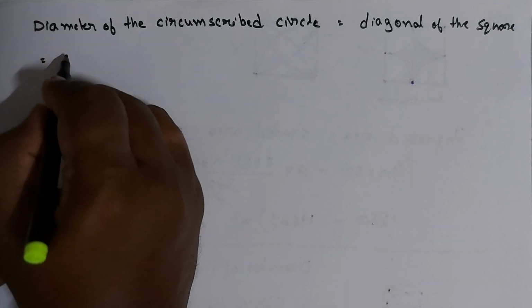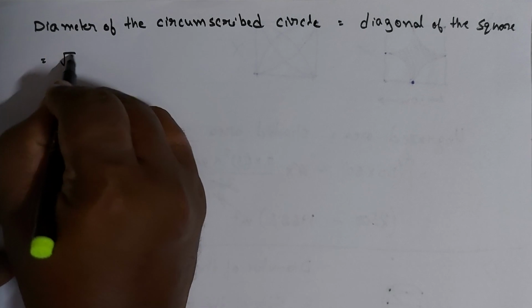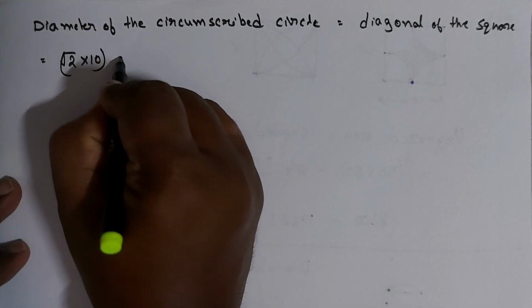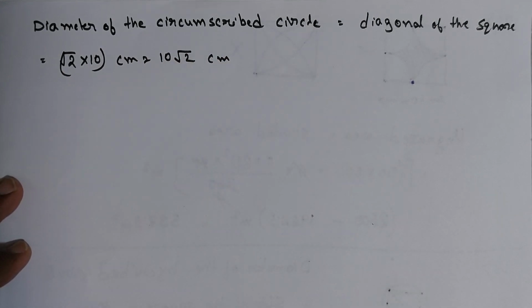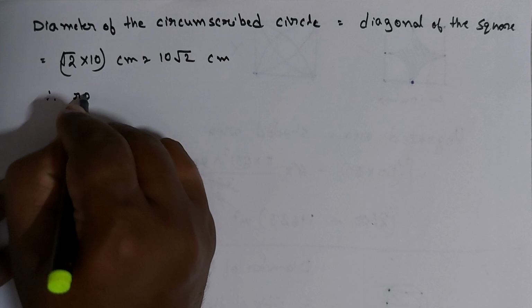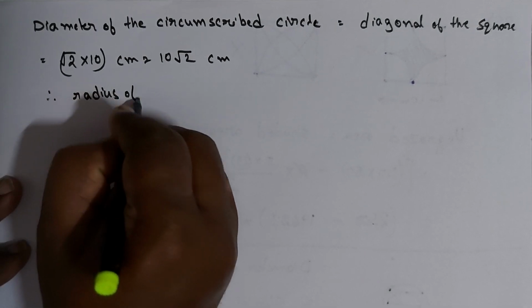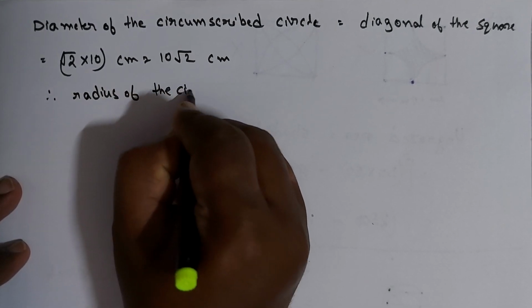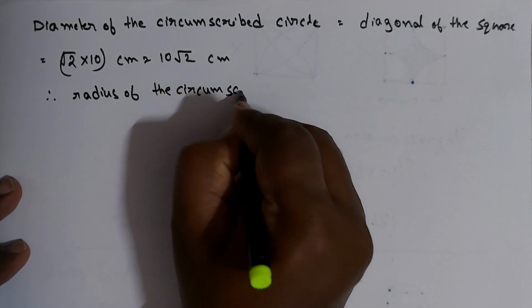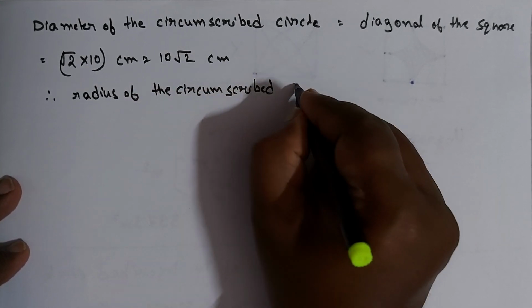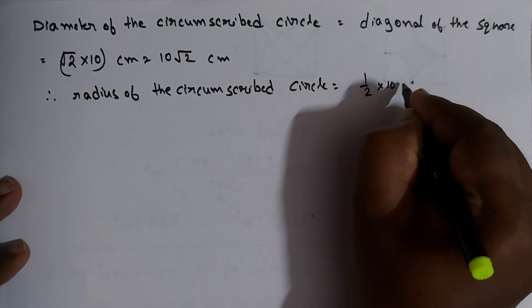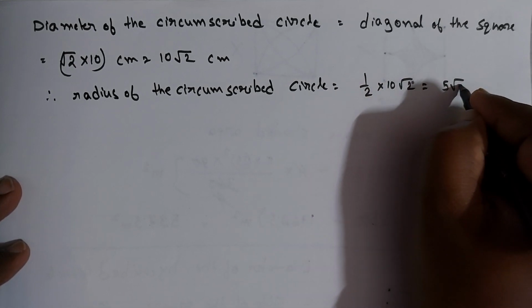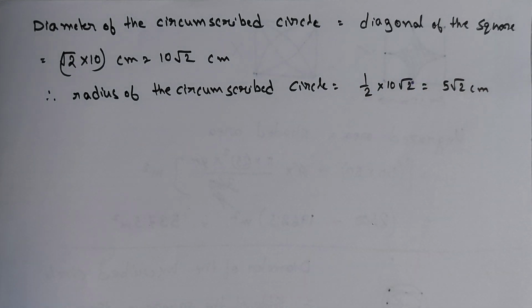The diagonal of the square is root 2 into 10 centimeter, so that is 10 root 2 centimeter. Therefore radius of the circumscribed circle is equal to half into 10 root 2, that is 5 root 2 centimeter.